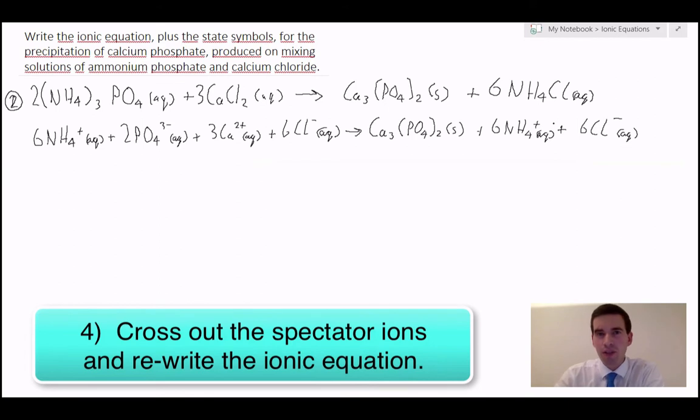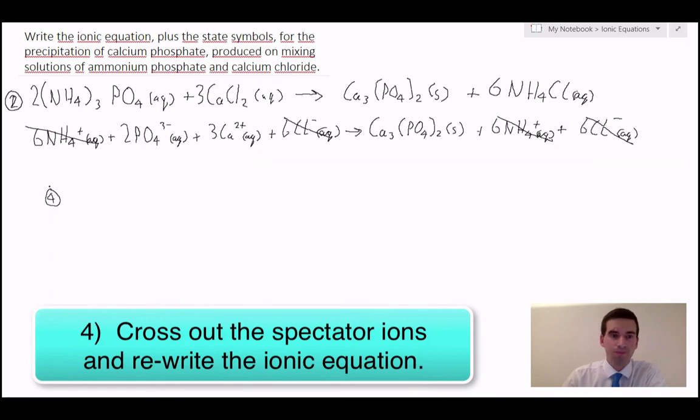These are ions which aren't actually involved in the chemical reaction. Therefore, they're going to be the same on the left and right hand side of the arrow. So here, you can see we have 6 ammonium ions on both sides, so we can get rid of those, and 6 chloride ions on both sides, so we can get rid of those.